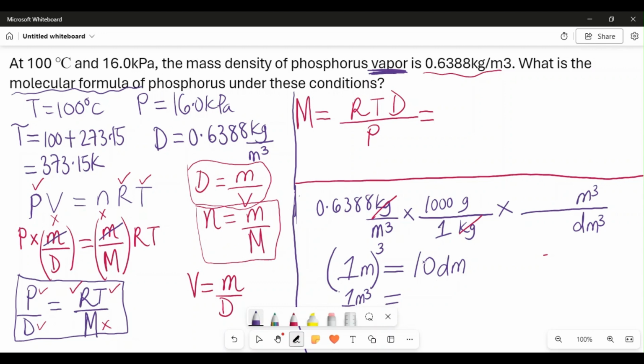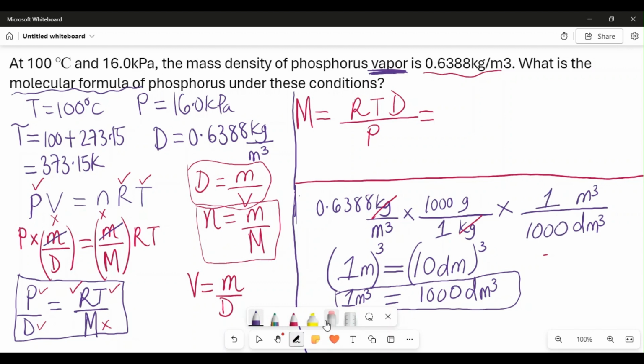While 10 decimeter cubed is 10 times 10 times 10, which is 1000, and dm times dm times dm, which is dm cubed. So you can see that 1 meter cubed is the same thing as 1000 decimeter cubed. That's how you do it. So now we put that information here: 1000 decimeter cubed for 1 meter cubed.